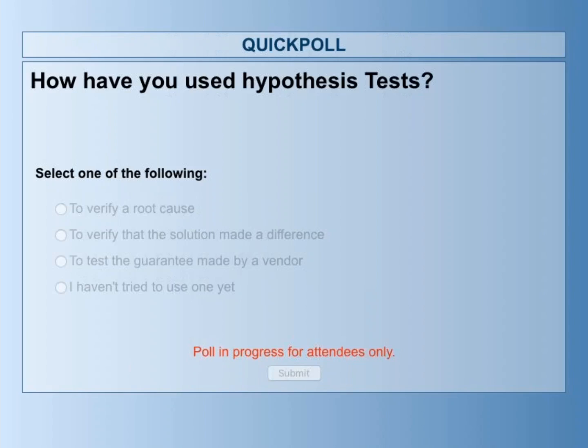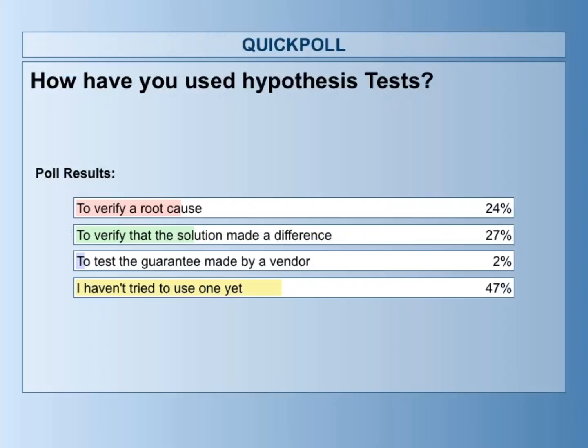I think we've got a good 80% on this one. Okay, so this one says I haven't tried to use one yet, 47%. So it sounds to me like a lot of people that are on this webinar have never used one before. That's interesting. And then that's shortly followed by 27% say that they've used it to verify that the solution made a difference, followed by to verify a root cause, and last but not least, to test the guarantee made by a vendor.